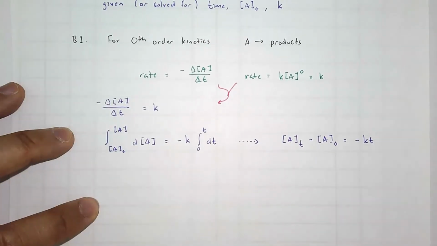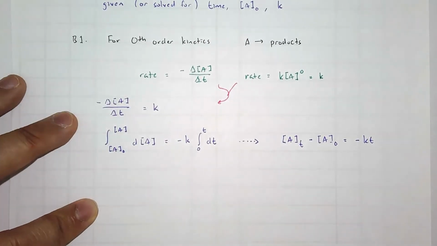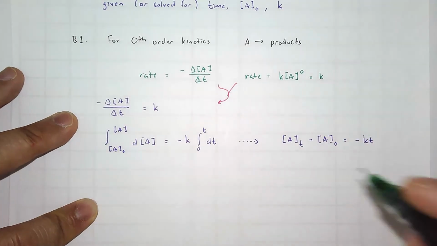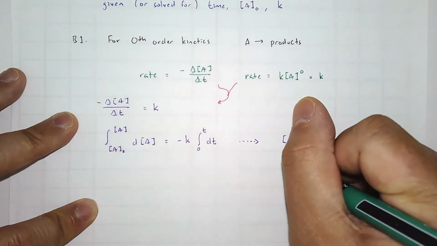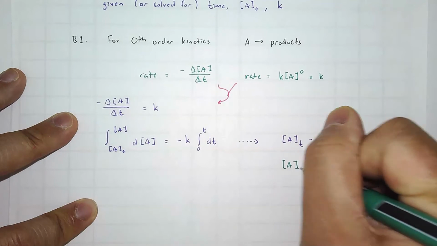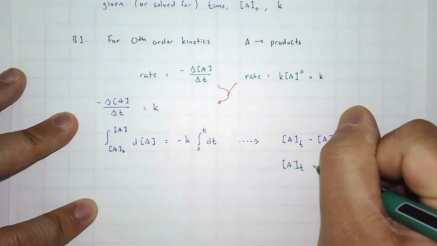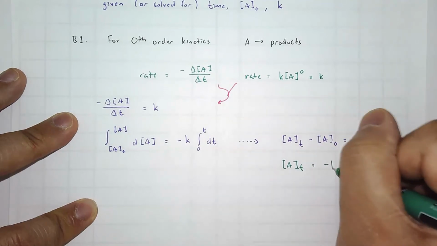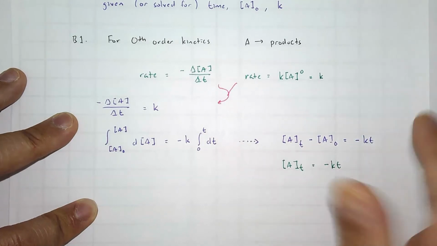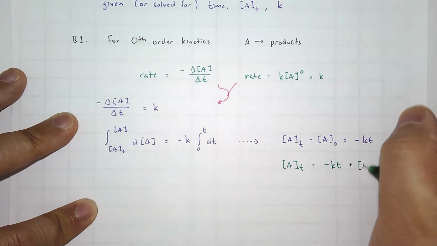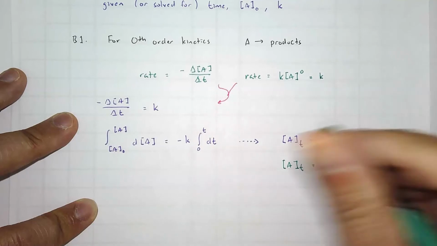And then when we rearrange, that's the time where I want my students to understand the equation. You have the concentration of A at time t equals negative kt, and we bring this over to the right side, plus concentration of A at time 0.